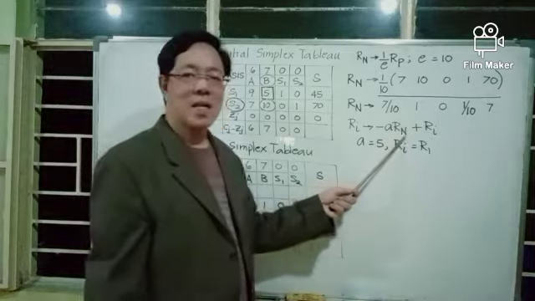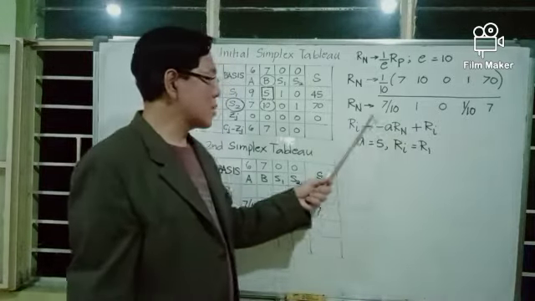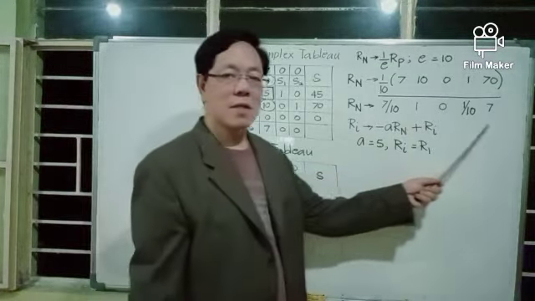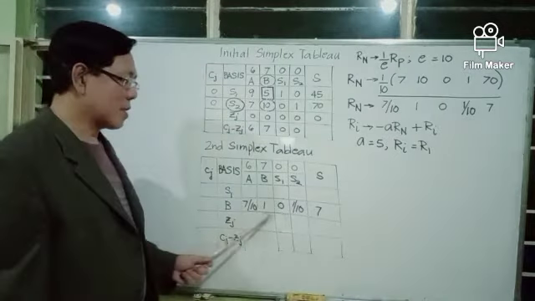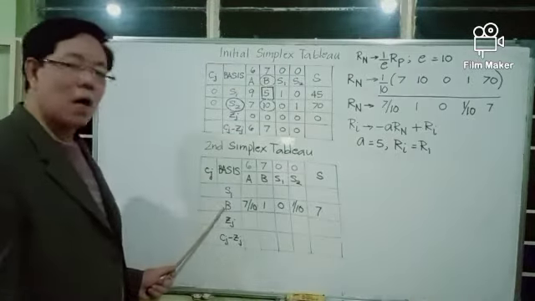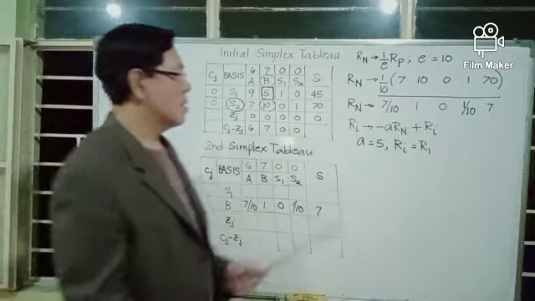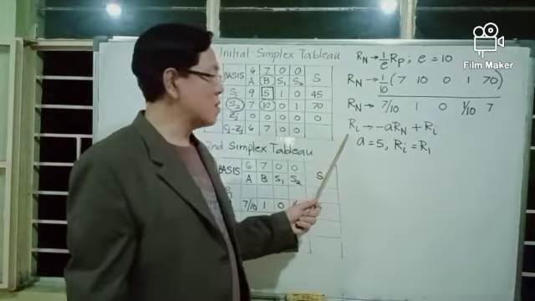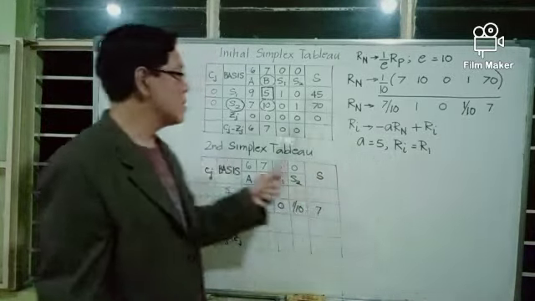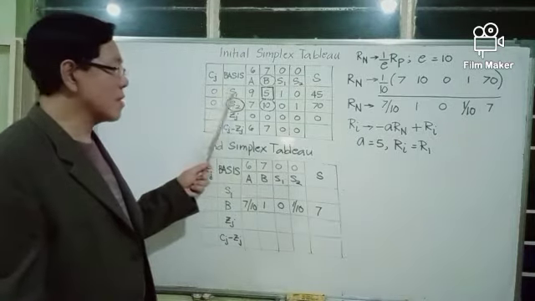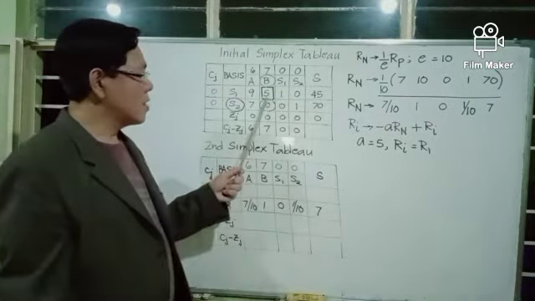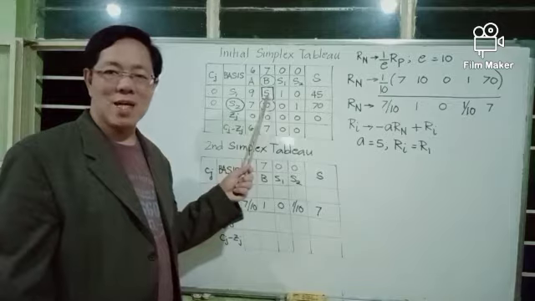And R sub n is the new pivot row with these new entries in the row of B. So we perform this operation. R sub i is row 1, the row whose entries are to be changed, the row that contains the number to be changed to 0.